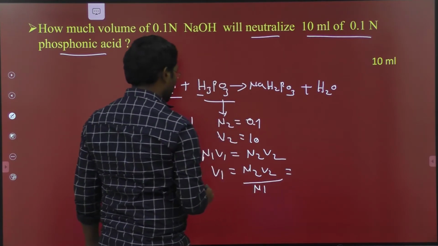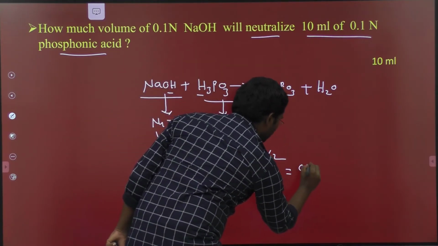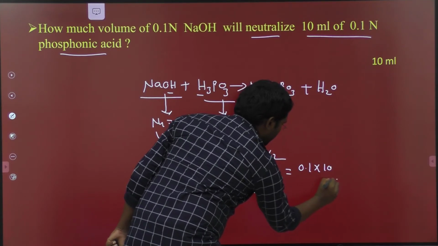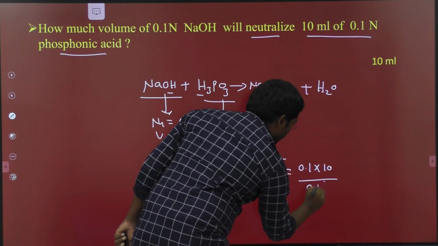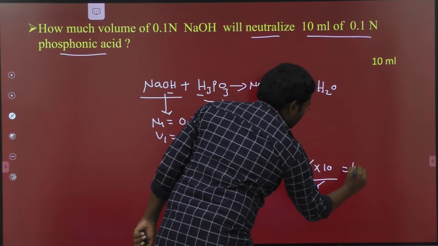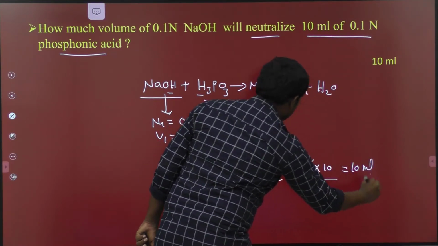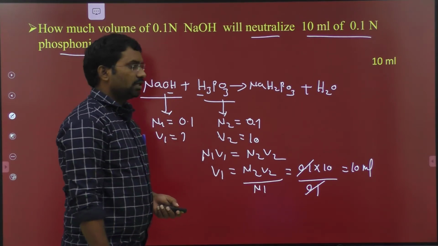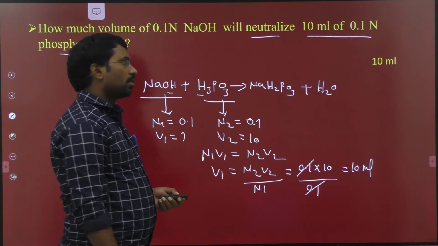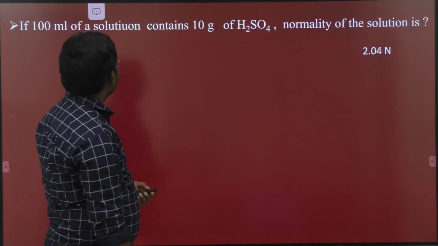What is the value of N2? 0.1 into 10 by, what is the value of N1? This is equal to 0.1. 0.1 cancels, so this gives the value 10. So volume V1 is equal to 10 ml, by applying the dilution formula for normality. So come to the next problem.